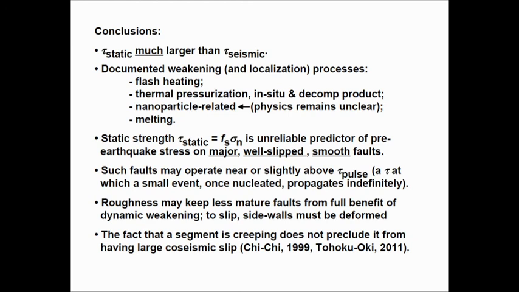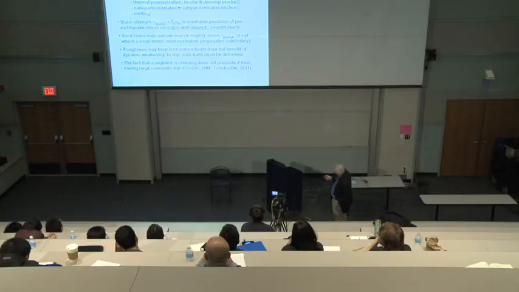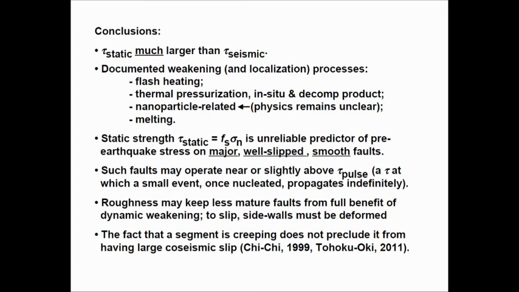So there's all sorts of weakening processes. The static strength is simply an unreliable predictor of pre-earthquake stress on major faults that are well slipped, in the sense of having undergone many previous earthquakes. But they may operate at or near a level at which a small event, once nucleated, propagates indefinitely.